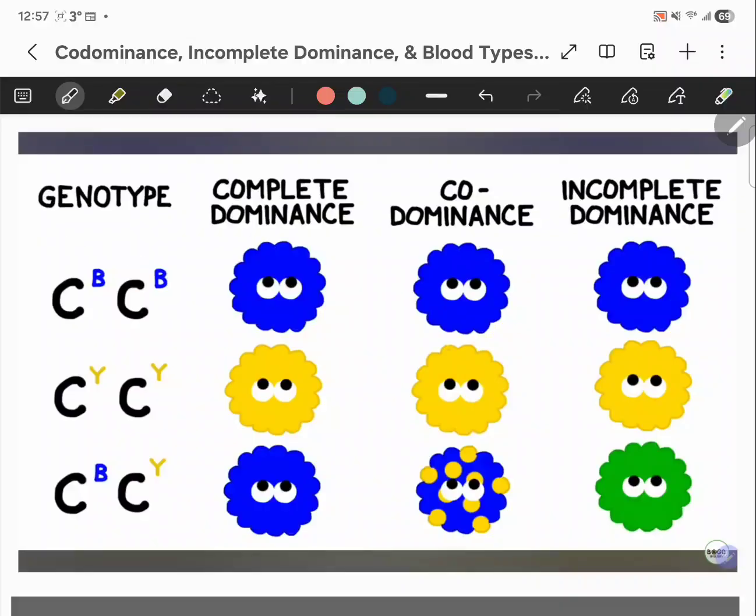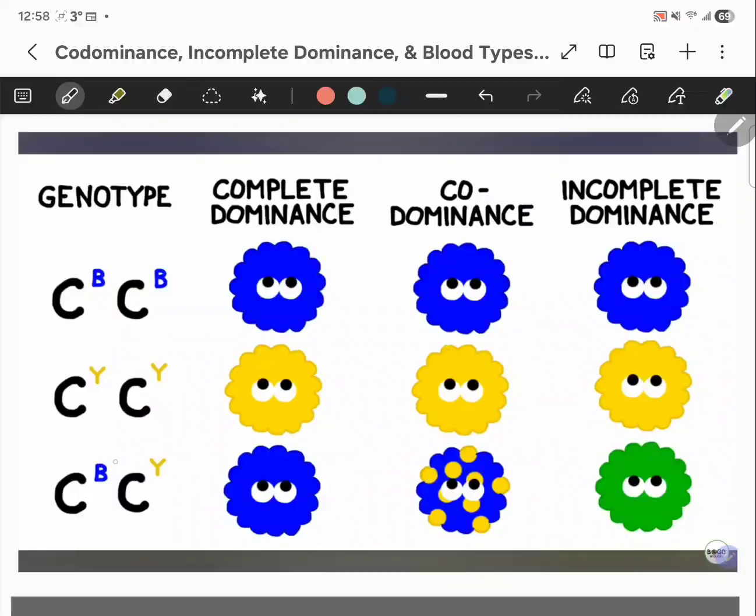Back to our first couple of examples, if we have two blue alleles, that means we only have the blue trait available, so the phenotype is obviously going to be blue. Same thing with yellow. If we only have the yellow trait, then the organism's phenotype is going to be yellow, because that's the only thing we have.